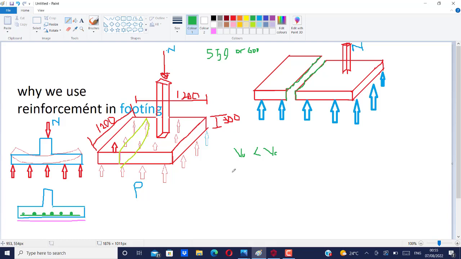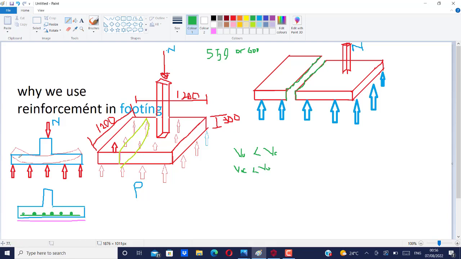But if your VC is less than, let me say, V ultimate, for example, it means that you'll be requiring shear reinforcement. That means you have to provide reinforcement at the top of this footing.